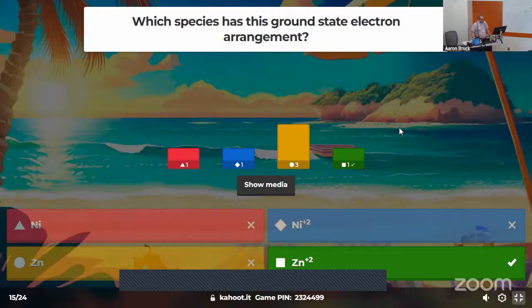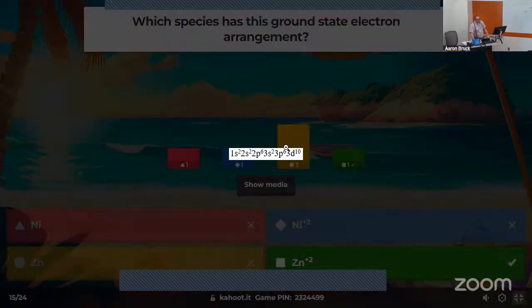Okay, we're all over the place. Okay, so I can understand why you might take yellow circle here. You looked at that 3d10 configuration and said, okay, the last configuration in zinc is 3d10. That must be the correct answer. Problem is you didn't read the configuration fully.